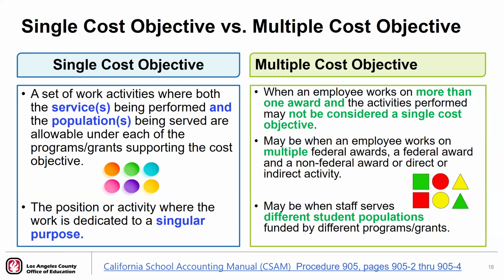The position or activity worked is dedicated to a singular purpose, a singular objective. If this criteria is met, this set of work activities of a staff member is considered a single cost objective, even though it may be funded from more than one award.